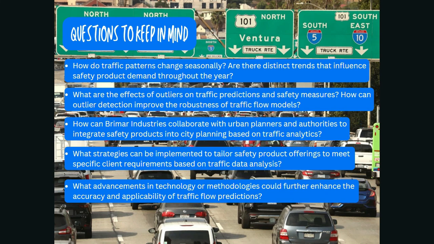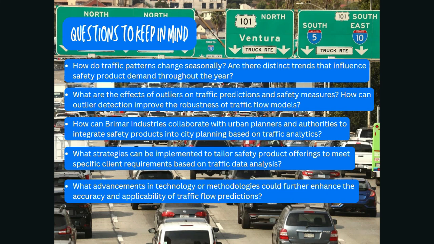And here are some questions I want you to keep in mind when I'm presenting. How do traffic patterns change seasonally? Are there distinct trends that influence safety products demand throughout the year? What are the effects of outliers on traffic predictions and safety measures? How can outlier detection improve the robustness of the traffic flow models?